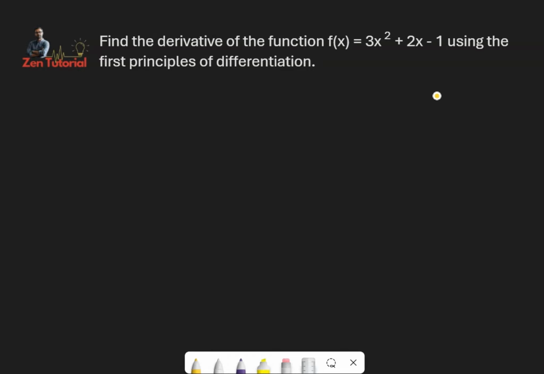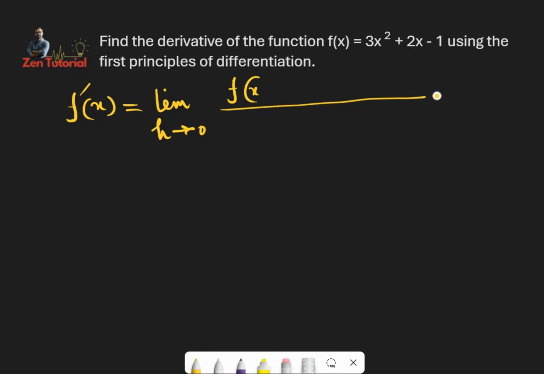In this problem, the function is 3x square plus 2x minus 1, and for the derivative we have to use the first principle of differentiation, right? So by the definition, f prime of x is equal to the limit as h tends to 0 of f of x plus h minus f of x, over h.